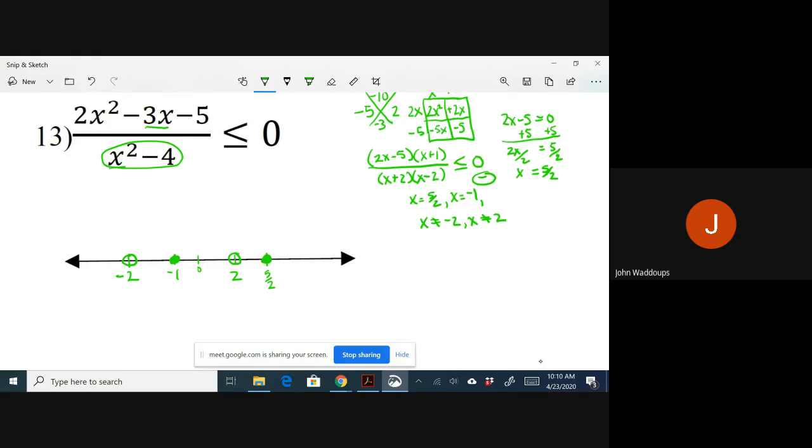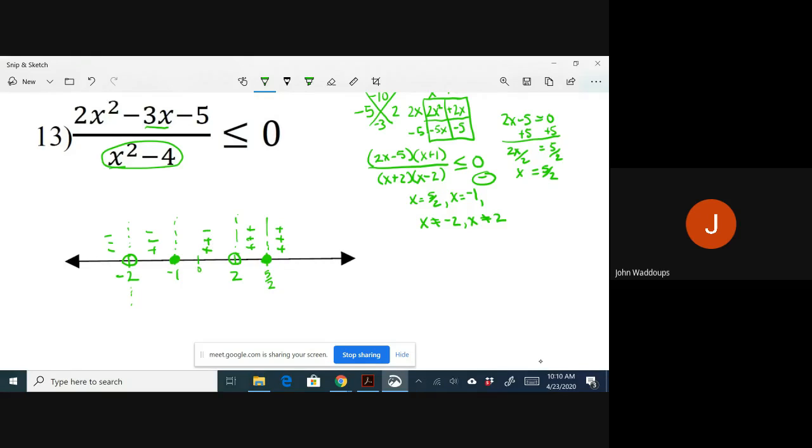And then we make our sign chart. To the left of -2 would be negative, then positive, positive, positive, positive. Then to the left of -1 would be negative, negative, positive, positive, positive. Then to the left of 2 would be negative, negative, negative, positive, positive.